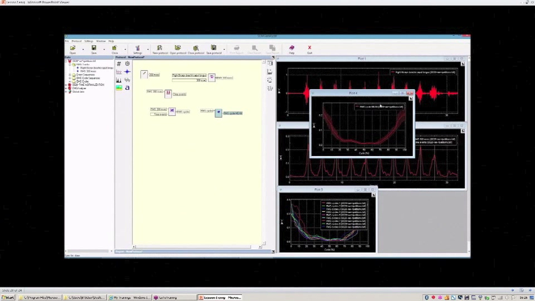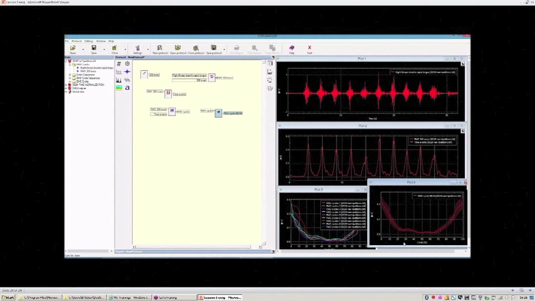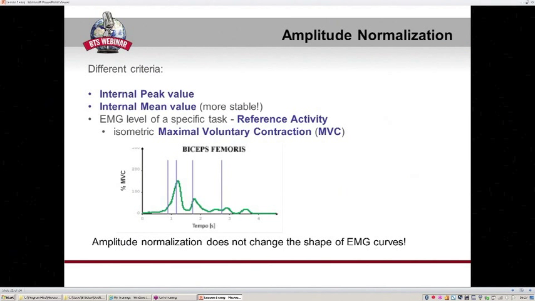And so in the graphs you can see the results of the computation of the mean cycle and its standard deviation. In this case, as you can see, in this scale, we changed the time scale from seconds to 100%, from 0 to 100%. Okay? So now we will talk about amplitude normalization.